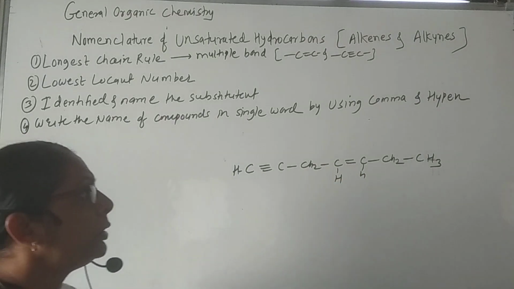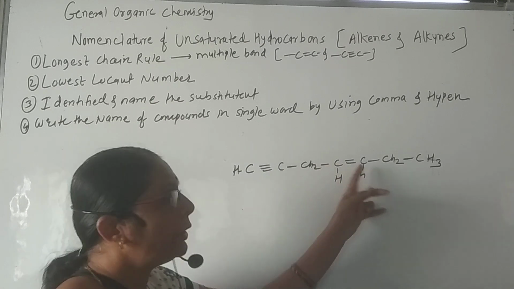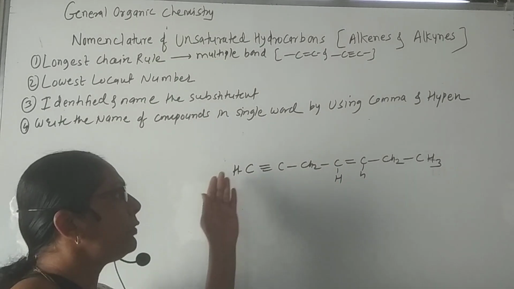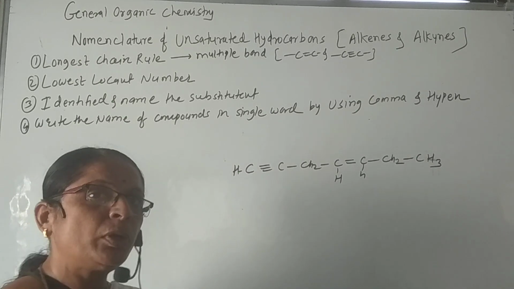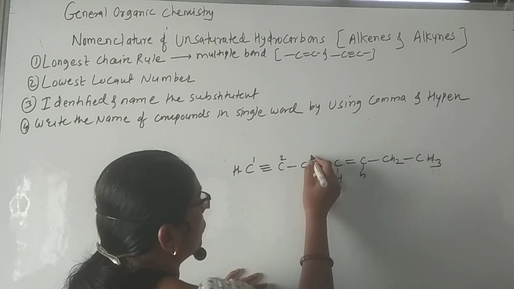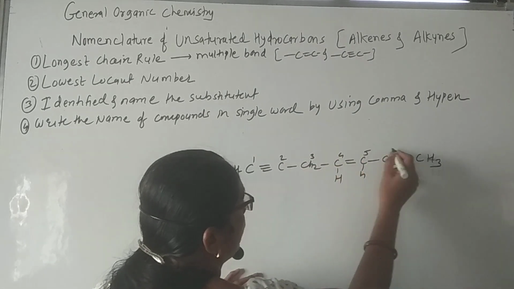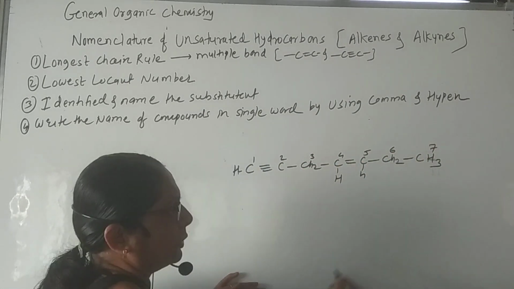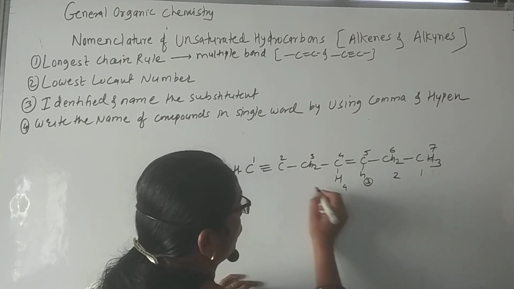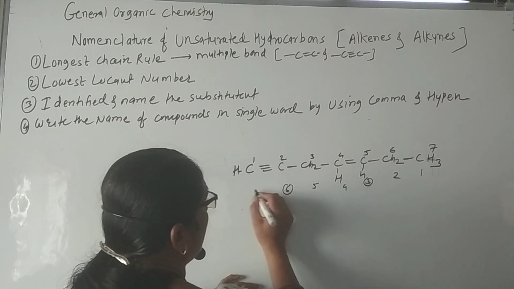Now here I have the triple bond and the double bond. So numbering is given in such a way that whichever multiple bond comes first gets the least possible number. So this is 1, 2, 3, 4, 5, 6 and 7. Because if I go from this side, 1, 2, it has a 3 number, 4, 5, 6 and 7.